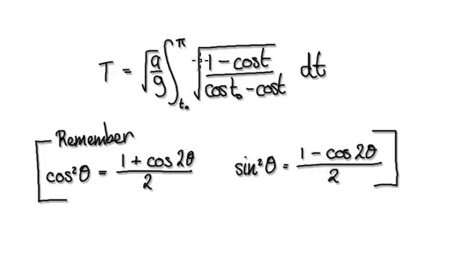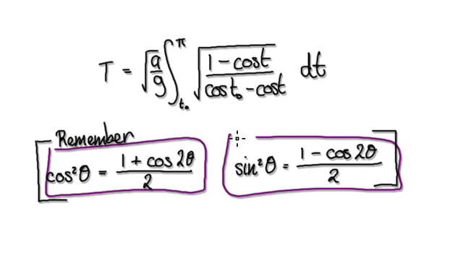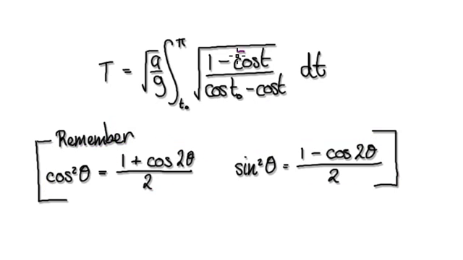Now to evaluate this, remember we've seen these two before. You've got to memorize these two. Now look at this bit here. If you remember, the angle here is always twice the angle here.